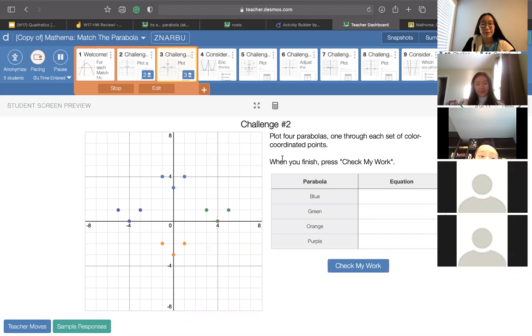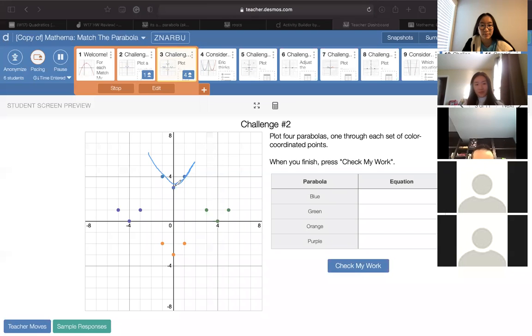Okay, so we need to plot parabolas through these color coordinated points. So first, someone tell me where the vertex of the blue parabola is. I know it's -4, 0. You said purple. Oh, no, I said blue. Then it's 3, 0. No, it's 0, 3. Could somebody explain what the vertex of a parabola is again?